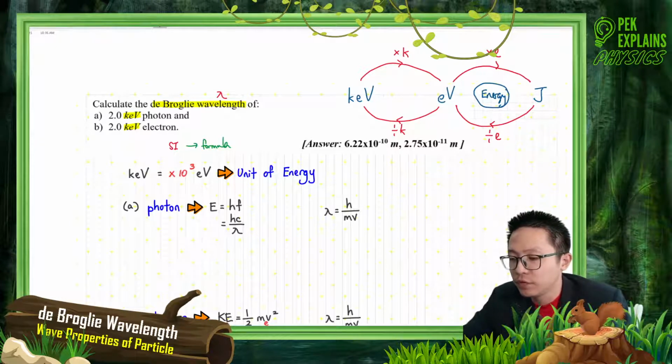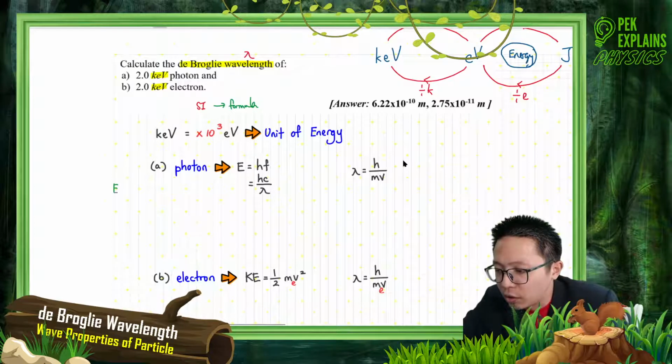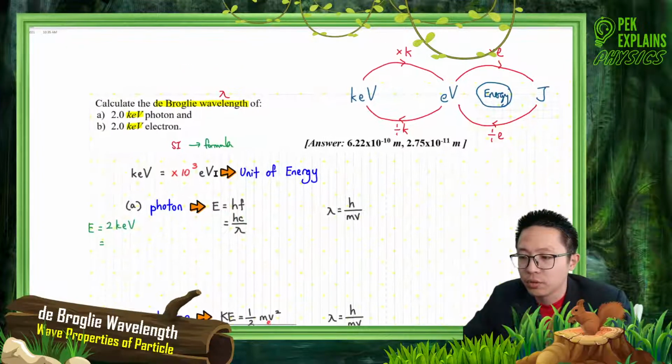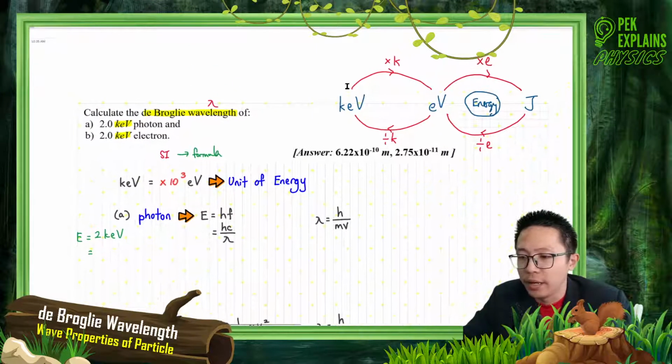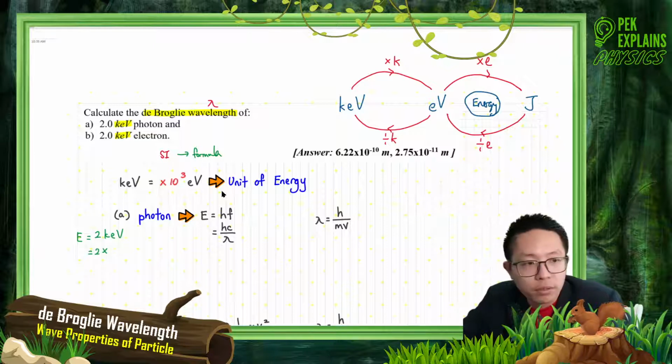So the energy for 2 kilo electron volt. How to convert to joule? I remove the kilo, multiply kilo. So here I put 2 multiply kilo, which is exponent 3. Then I don't want the electron, isn't it?